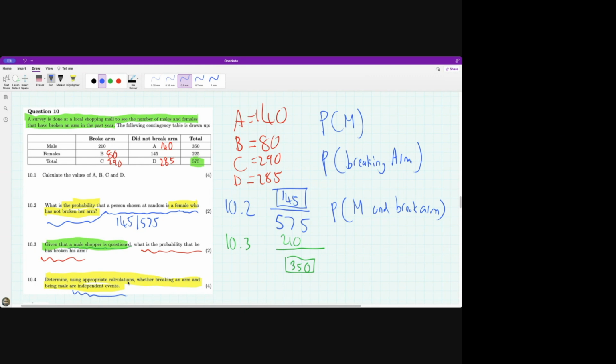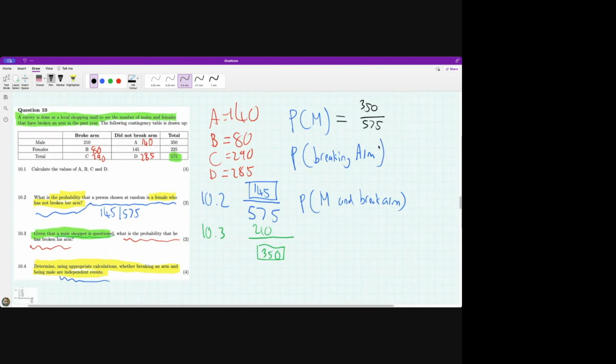All right, now I want you to work out the probability of being male in this particular question, given the sample that we have. So again, there's no restriction here. It's the probability of being male. So what's the number at the bottom going to be? What's the number at the top going to be? We're back out of 575. And now at the top, we're going to have 350. That actually makes sense.